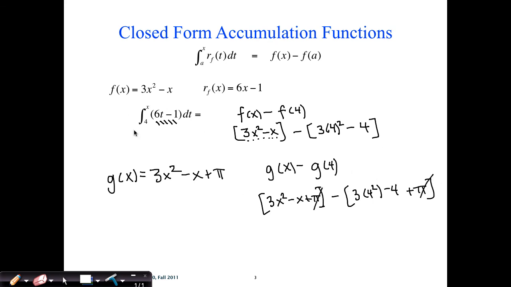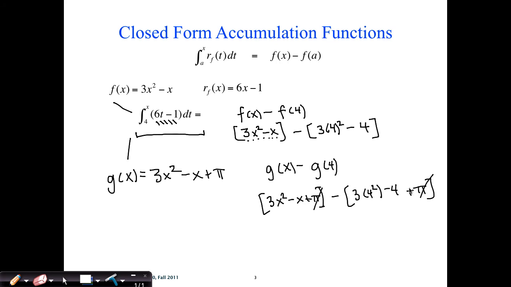So in looking at a way to express an integral by doing an accumulation function and a subtraction with that, finding a net change by subtracting two accumulation function values, it doesn't matter which associated accumulation function you think of. Think of anything that has that as its rate function, anything you want, and the results will come out the same in terms of how you express that afterward.